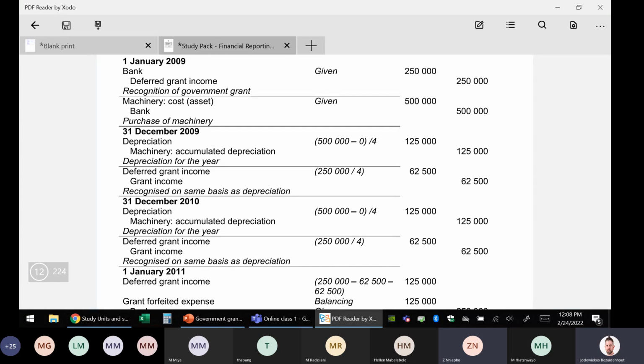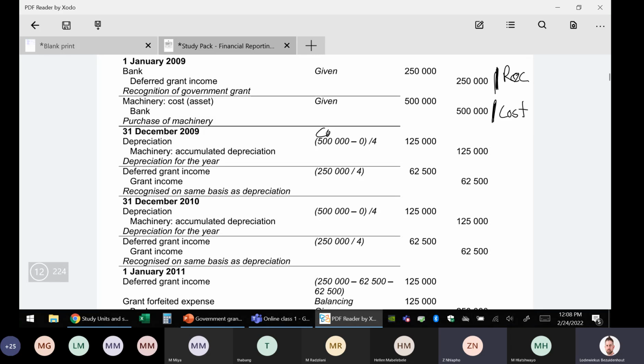So the first journal is where we receive the grant. Debit the bank, credit deferred grant income. Then we have the cost of the asset: debit the asset with 500, credit the bank with 500. Then we calculate the first year depreciation.